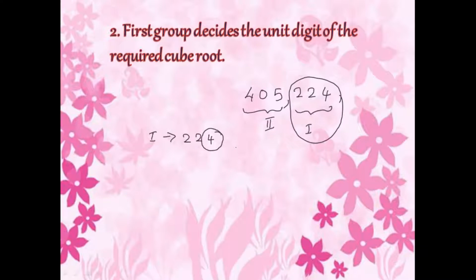It is possible for the cube root also, correct? So if a number has 4 in the unit digit, clearly the unit digit of its cube root will be 4. So from the first group, we got the unit digit of the required cube root.